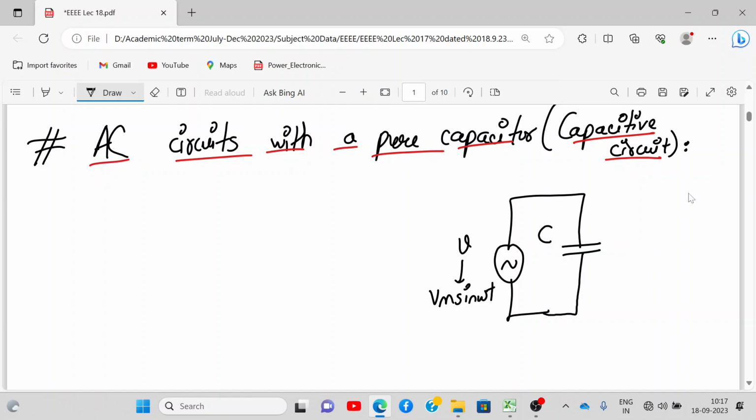This is C. Because of this AC voltage, AC current small i will flow, which is given by Im sin omega t, and this will create a voltage drop Vc. Remember, this i is my AC current and this V is my AC voltage.